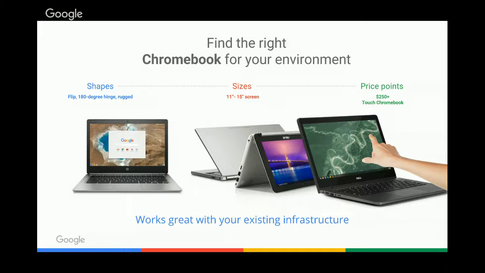In terms of shape and size, we have everything from an 11-inch convertible with a 360-degree hinge to one of the thinnest laptops, the HP Chromebook 13, as well as the Dell Chromebook 13, Pixels, Chromeboxes, Chromebits, and all-in-ones as well. So regardless of where you are thinking of placing your device, we have a device that suits your needs.